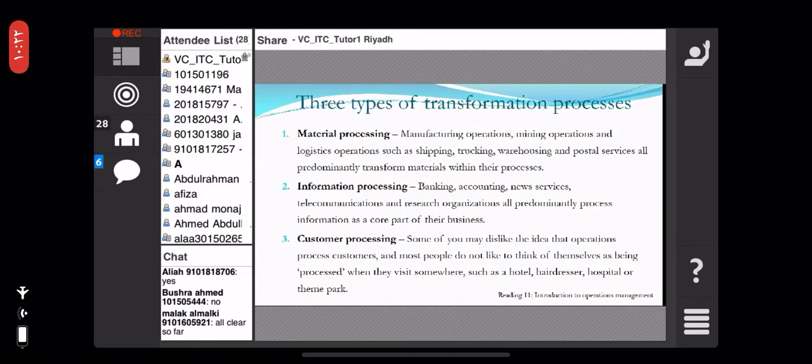You may dislike it when you are being passed through different processing. Most people do not like to think of themselves as being processed when they visit a hotel, hairdresser, hospital, or theme park.